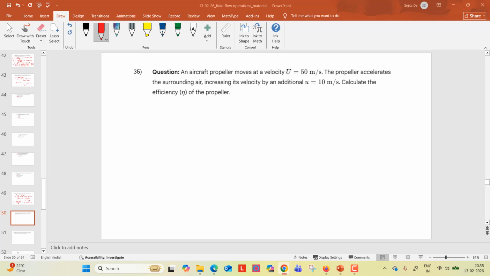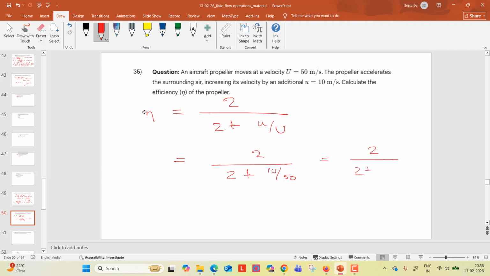So the efficiency of the propeller definition is given: eta equals 2 by 2 plus u by capital U. So 2 by 2 plus 10 by 50, which is 2 by 2 plus 0.2.